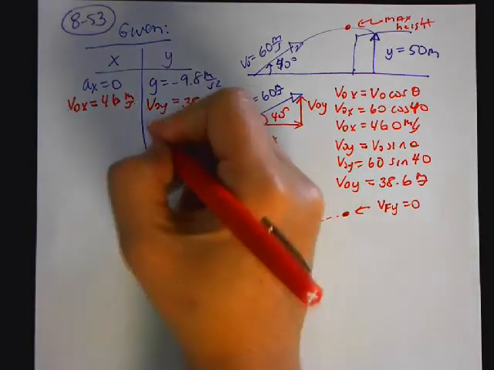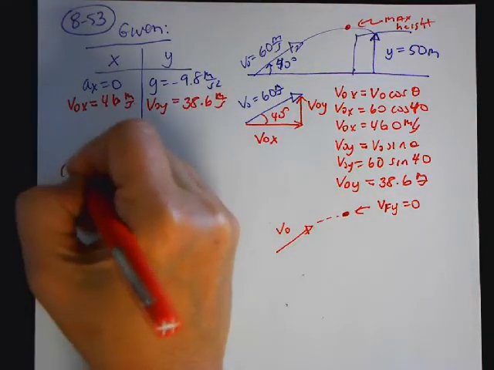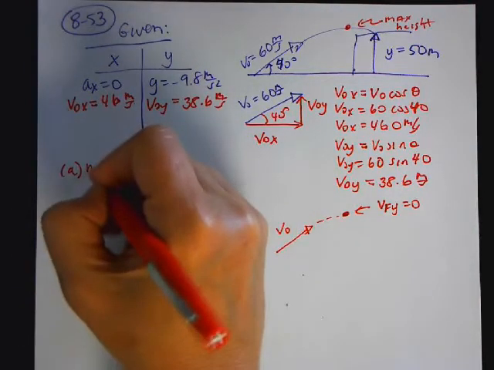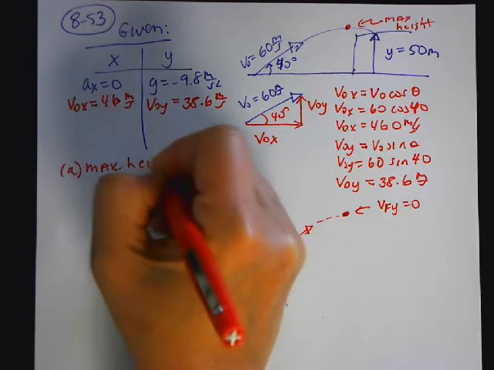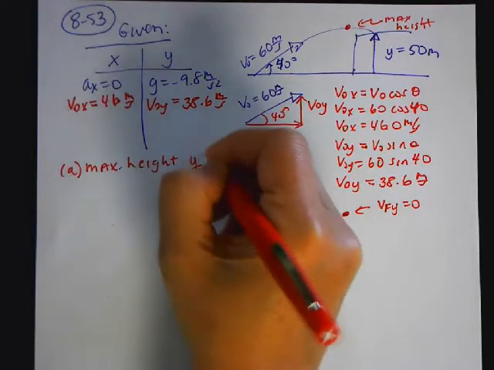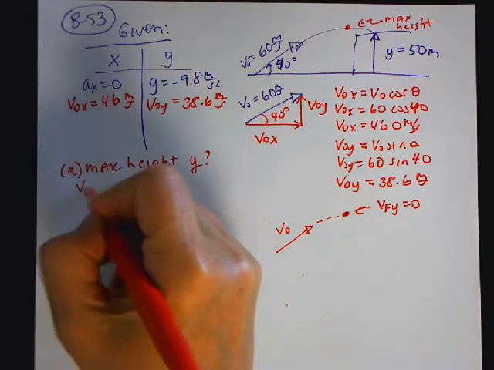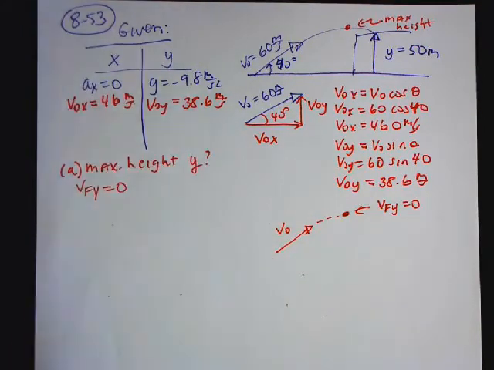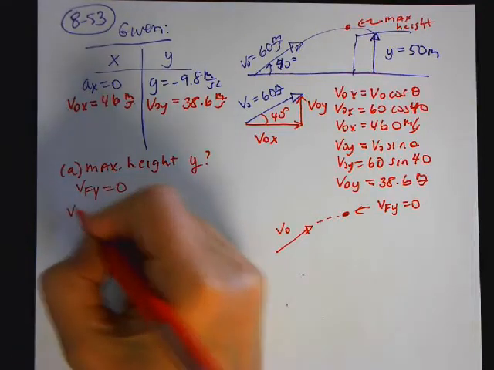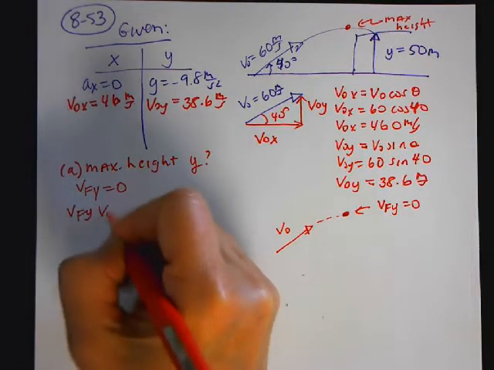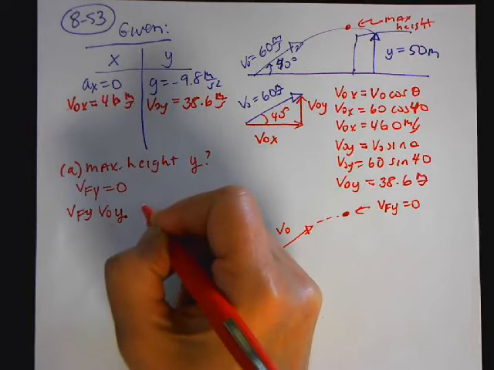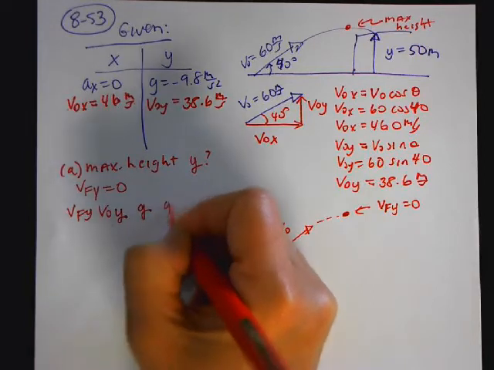So now I know for part A, when it said find the maximum height, that is y. But I know at this maximum height another variable: Vfy is equal to 0. So now I know Vfy, I know v naught y, I know g, and I want to find y.